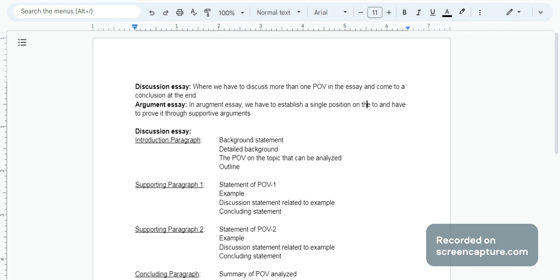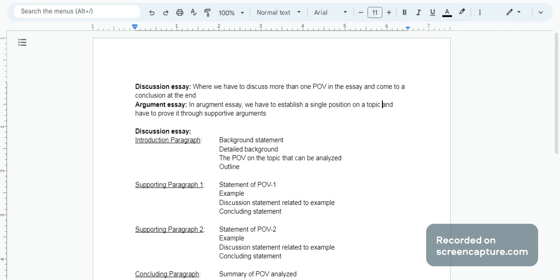In an argument essay, we have to take a single position on a topic and prove it through supportive arguments throughout the essay.